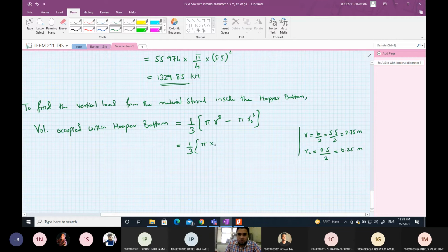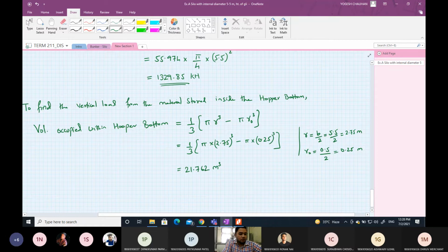So into 2.75 cube minus pi into 0.25 cube. If you work this out, the volume will be 21.762 meter cube.